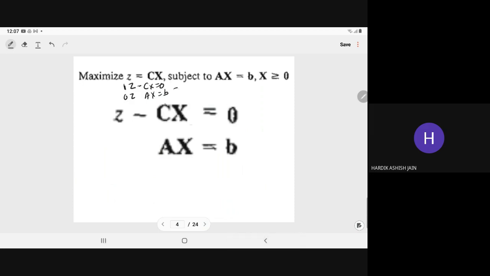So this can also be written as the matrix with rows 1, minus c and 0, A, times z, x, with the right-hand side 0, b. This we can write in matrix form.